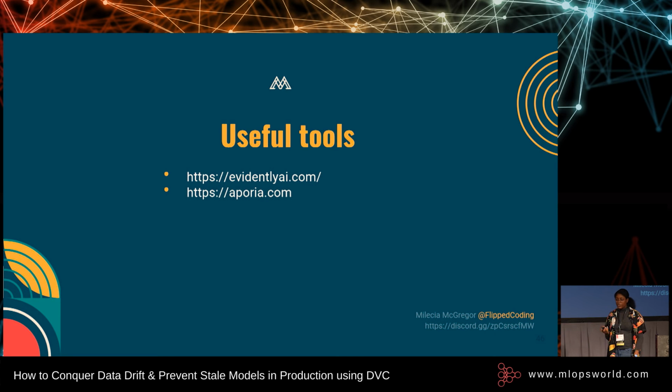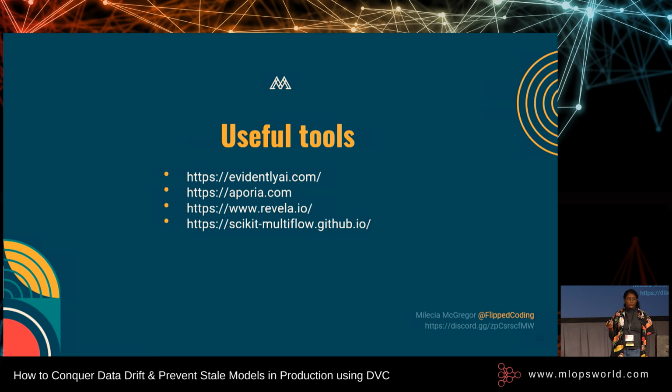Aporia, they're another great tool, which again, I'm pretty sure they have a booth somewhere still set up. And Ravella, I saw them earlier. I talked to somebody from them earlier. And then another open source tool, Scikit. If you use scikit-learn, there you go. It's just like a little extension.